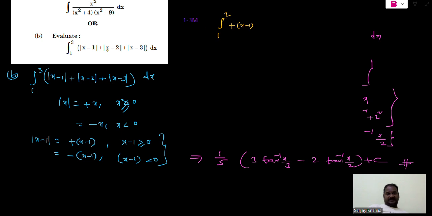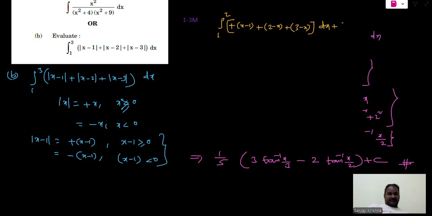Less than 2 means x minus 2 becomes 2 minus x. So plus 2 minus x, and then plus x minus 3: 1 to 2 means less than 3 only, no? Again x minus 3 will become 3 minus x. Okay, so this is about the limits between 1 to 2 into dx.